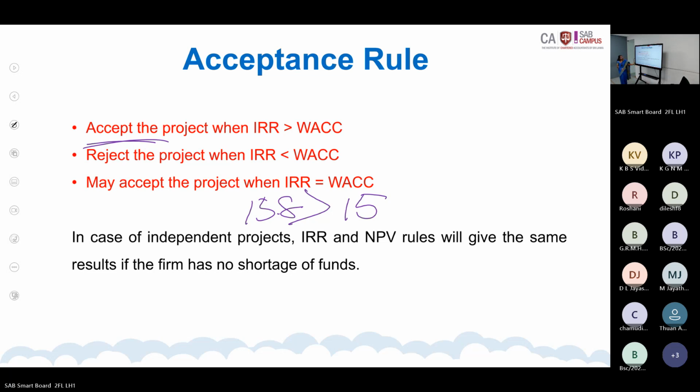Okay. Write it down. Since the weighted average cost of capital is 15%, and the project IRR is 15.8%, it is higher than the company's overall cost of capital.